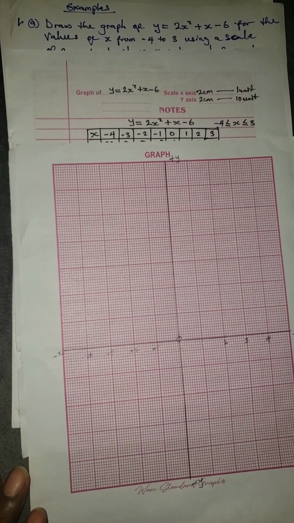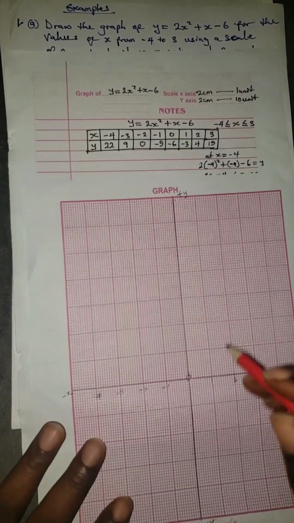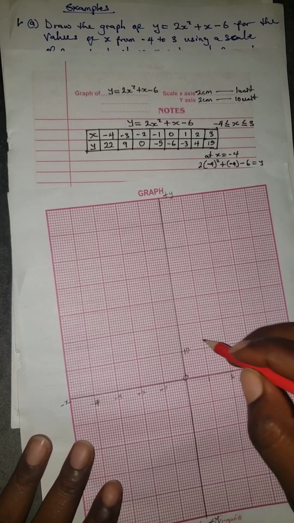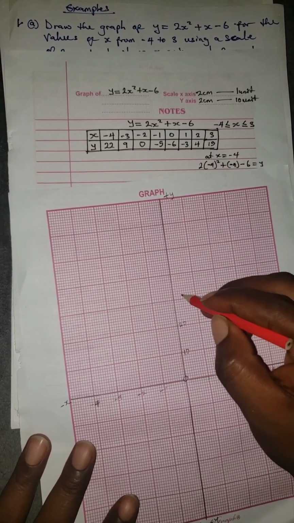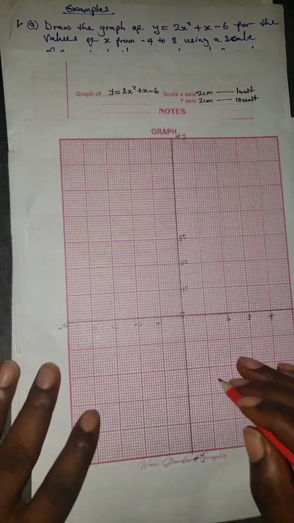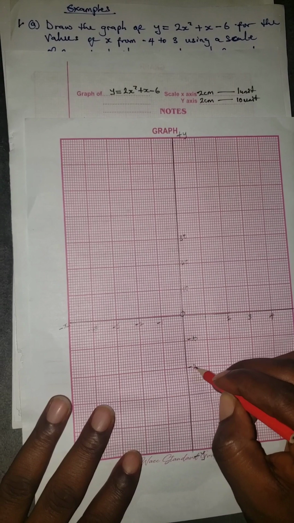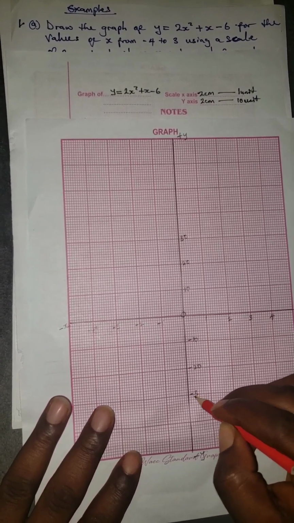The next place to label is the y-axis. They say 2 cm to 10 units. So here is going to be our 10, our 20, our 30. Down here, minus 10, minus 20, minus 30.